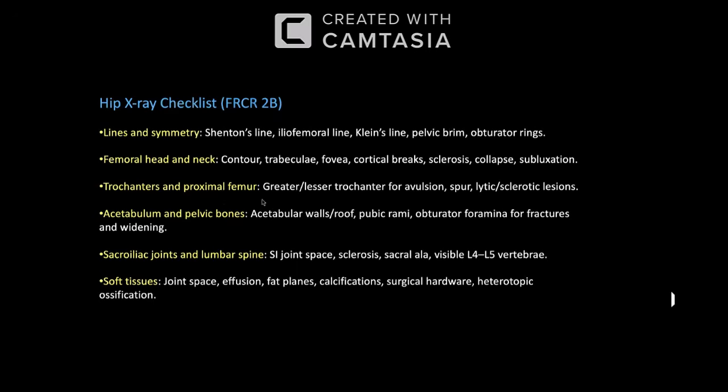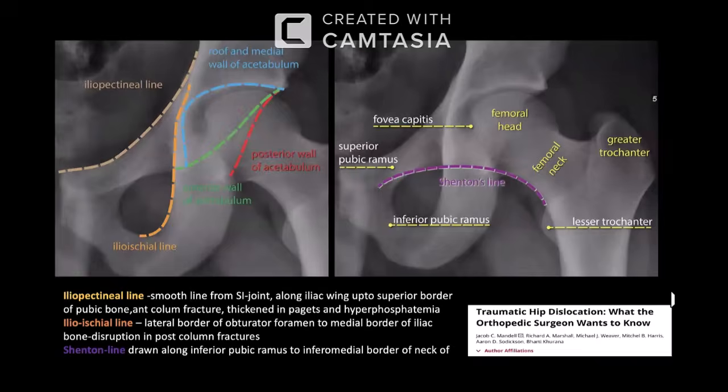Then trochanter and proximal femurs, acetabulum and pelvic bones, and sacroiliac joints and lumbar spine. Look for SI joint space, especially in cases of inflammatory disease or Crohn's disease, where there will be inflamed SI joint spaces. Then finally, look at the soft tissue. Look for effusion, fat planes, and any calcifications or heterotopic ossifications.